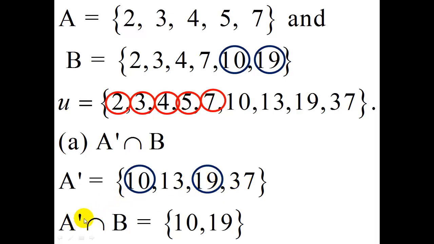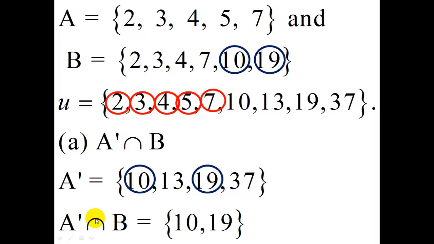Now you have to find A complement intersection B. Now we have A complement, and the elements are 10, 13, 19, and 37. And B has been given from the question, that is 2, 3, 4, 7, 10, and 19.